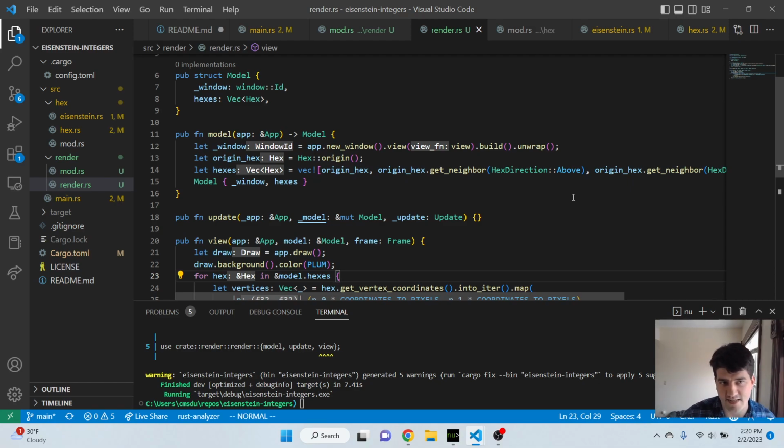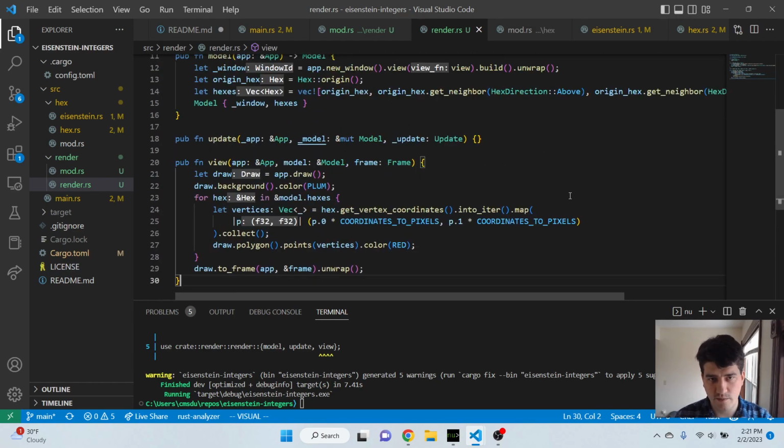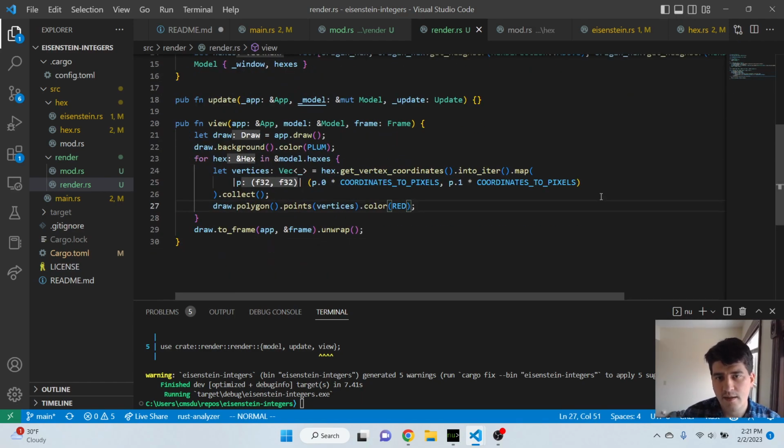There's just this very sensible coordinate system where we use the fact that the Eisenstein integers are a triangular grid, and we use the fact that within a triangular lattice is a hex grid, and then we can just implement the hex grid very easily on top of the Eisenstein integers, which I think is pretty cool.